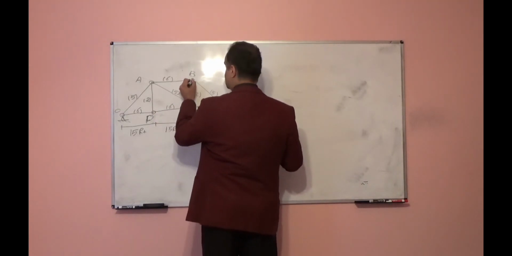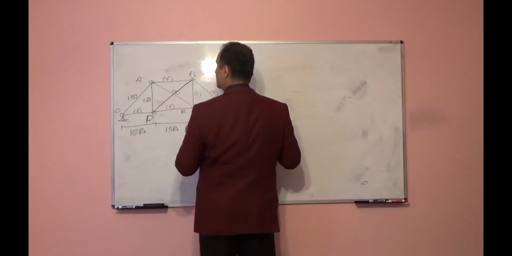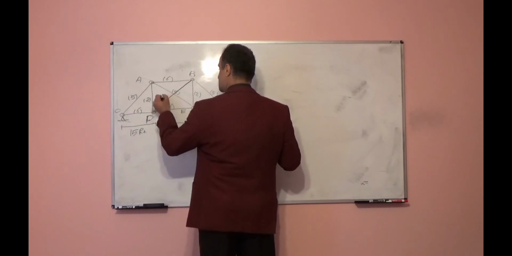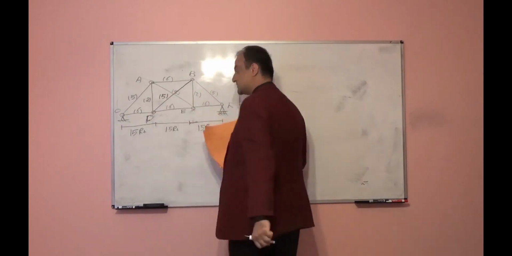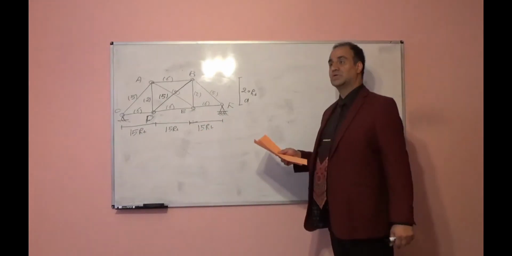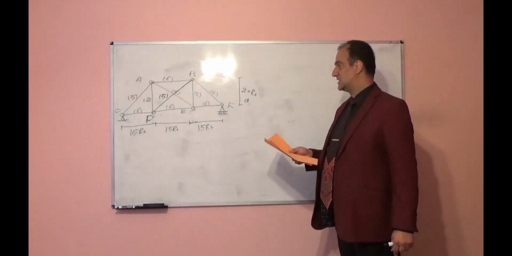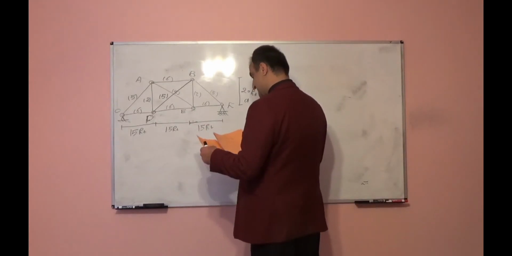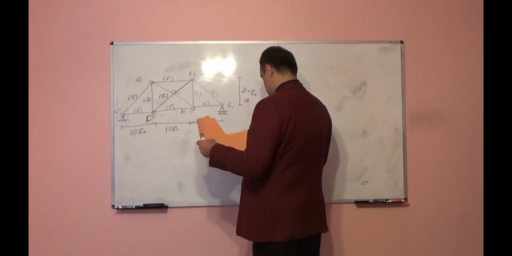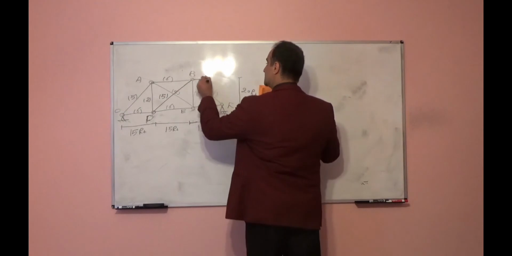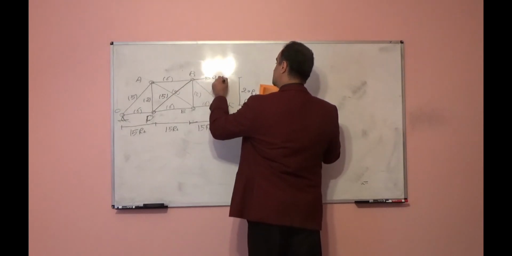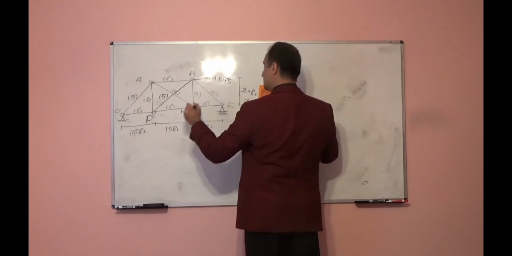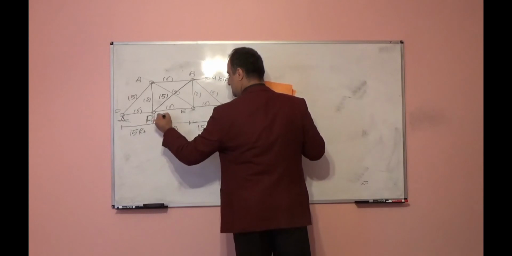Assume we have one extra member here, and that extra member cross section is again 5 inches squared. So I want to find internal forces in each member. And the external load is again the same external load we had before. Here we have 9 kips, and here we have 18 kips.